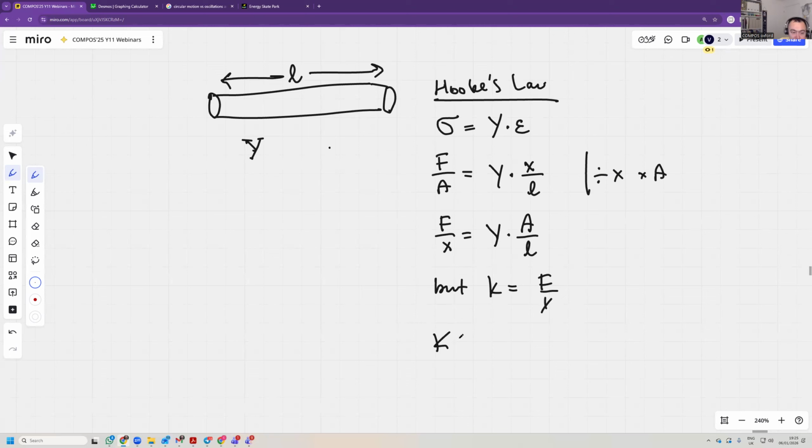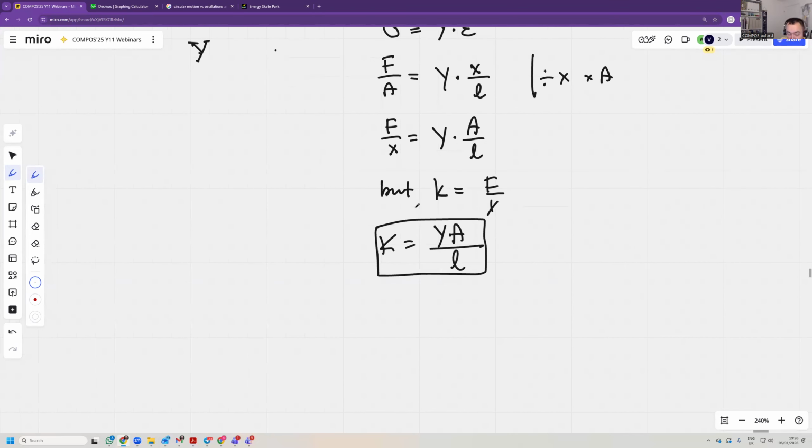So the spring constant is the Young's modulus multiplied by the cross-sectional area divided by the length of the rope. So k is inversely proportional to length. Halving the length will double the spring constant, and vice versa. Doubling the length halves the spring constant.